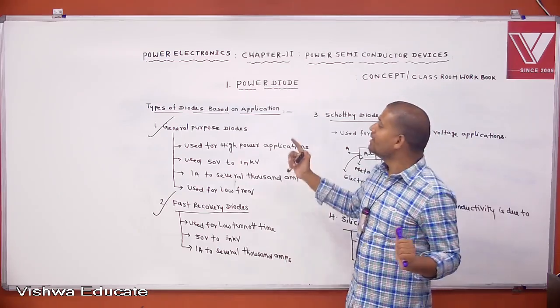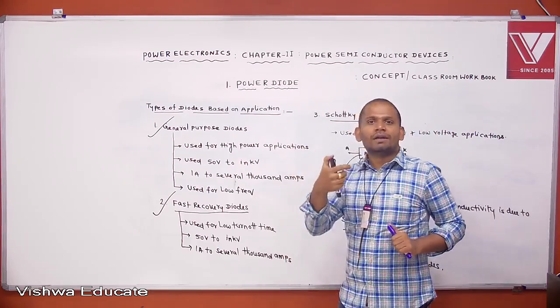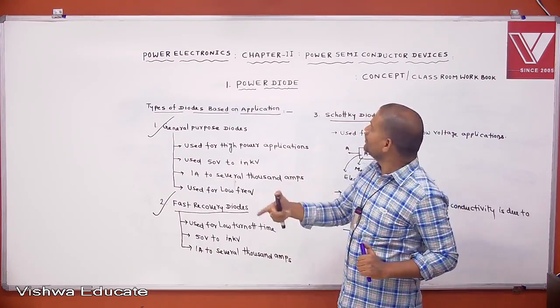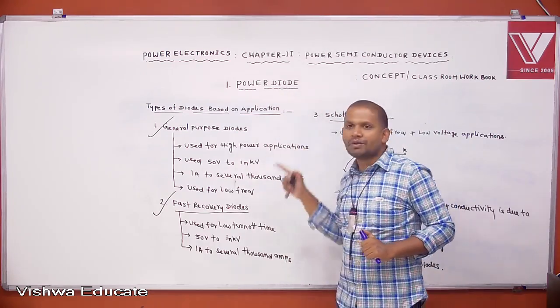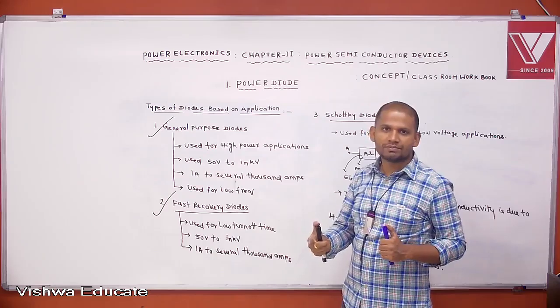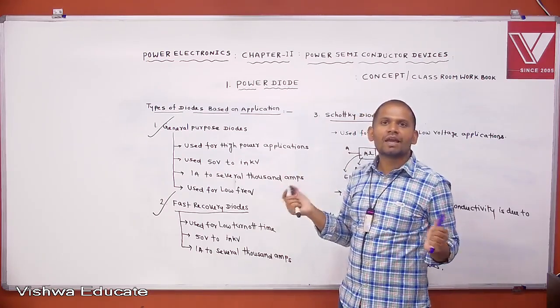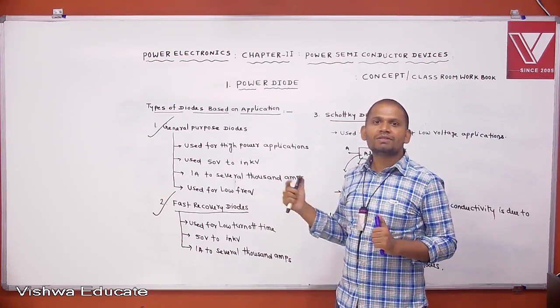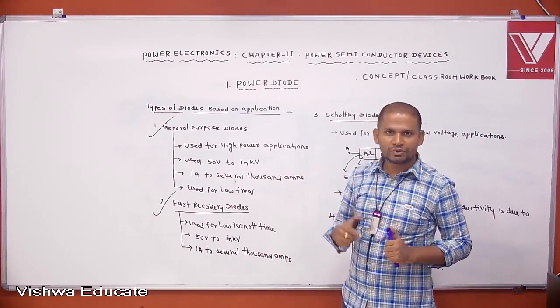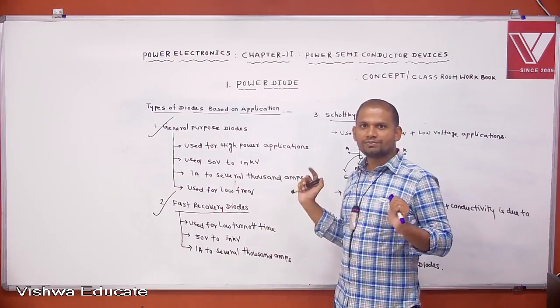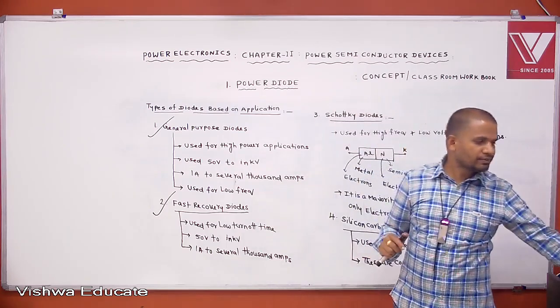Understood or not? Now with this knowledge, take the workbook. In chapter 2, the concept is power diode. We'll see some questions. The topics covered in the power diode are construction and characteristics of a power diode. Based on that, we solve some questions.